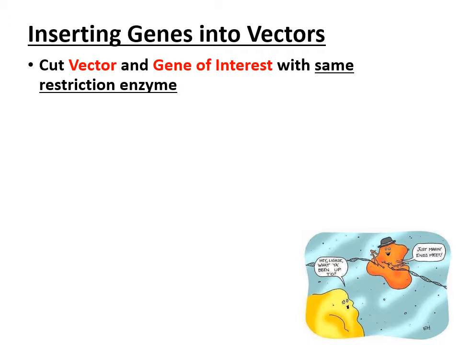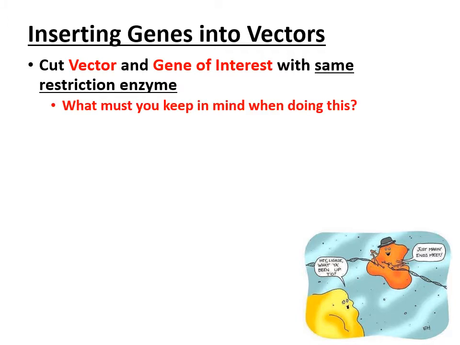Okay, because remember we said you're getting that gene of interest from another cell's genome. So you have to cut out that gene of interest, and you want to use the same restriction enzyme so that it will have sticky ends that properly ligate to the vector that you cut.